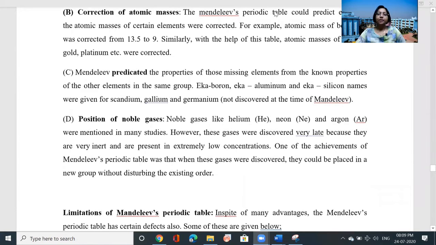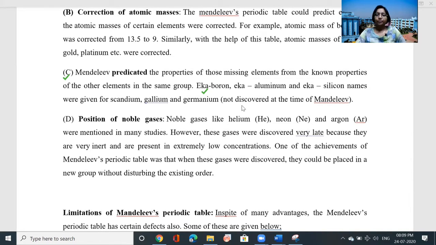Number C, he predicted the properties of those missing elements from the known properties of the other elements in this group.